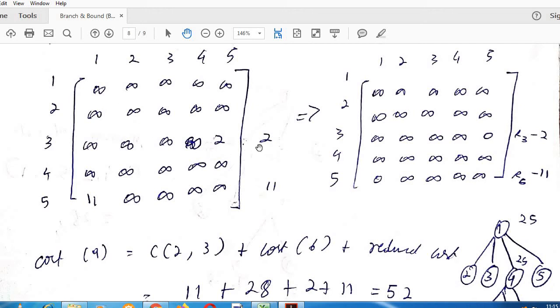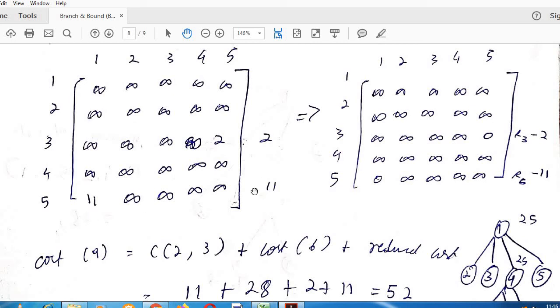First I will take the minimum value of the third row, then the minimum value of the fifth row. Once I subtract 11 from the fifth row, it will become 0. Then if I consider the first column, the minimum value will be 0.